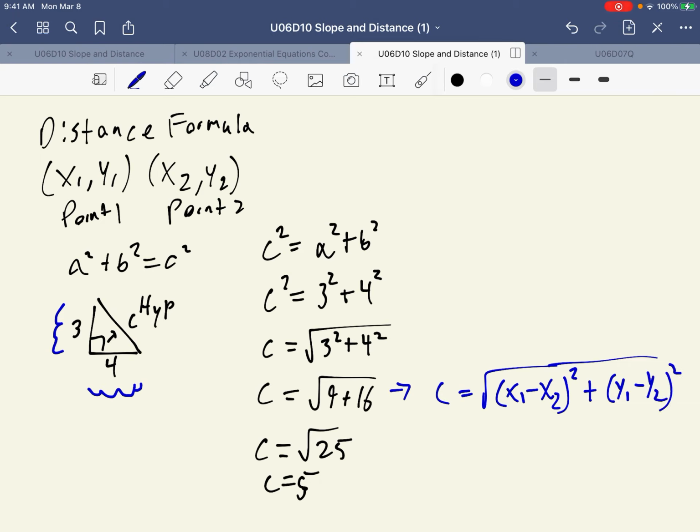In other words, this is your a squared, and this is your b squared. This c is really d, meaning the distance between the 2 points, and the square root is really when you would take the square root in the formula.